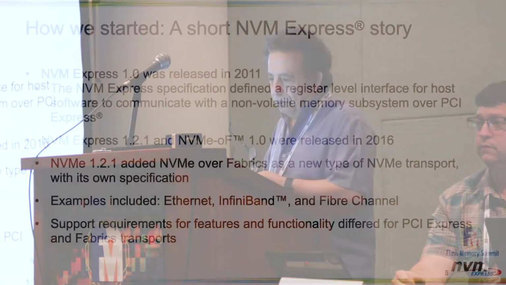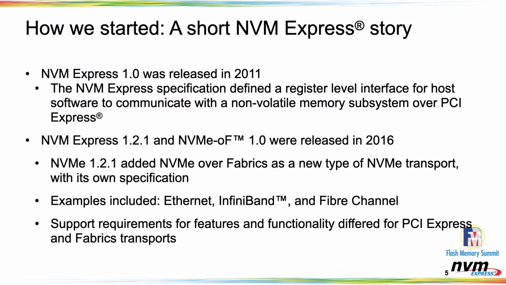So I wanted to talk a bit about refactoring first, because it largely had the biggest effect on the PCIe transport part of the NVMe over PCIe transport specification. When we started with NVM Express 1.0, we had a register level interface for host software to communicate with non-volatile memory over PCI Express.